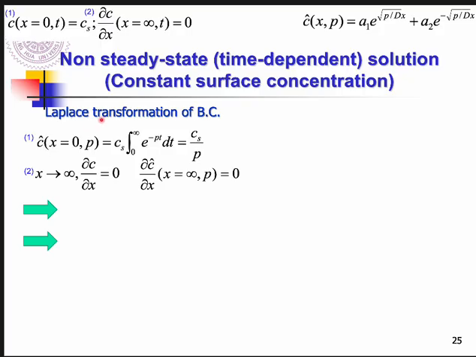So this is a Laplace transformation on my boundary conditions. So I Laplace transform this Cs, and as I mentioned, Laplace means that you multiply by the exponential negative pt dt, integrated along t from 0 to infinity. So you will get Cs divided by P.